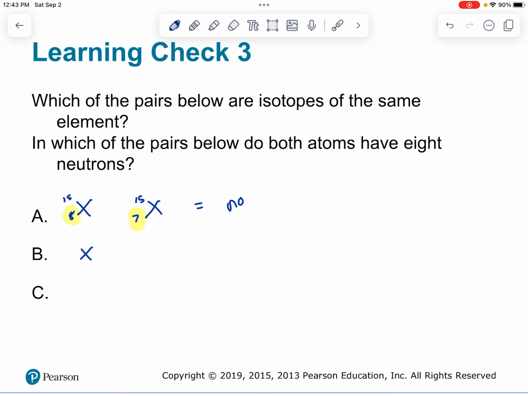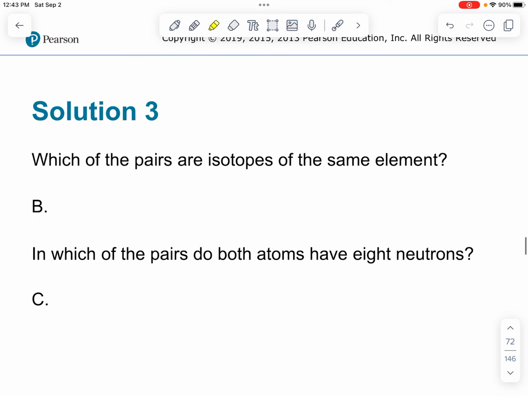X-6-12, X-6-14, X-7-15, X-8-16. So the only pair that both have the same number of protons is this one, and that's going to be carbon. And those are isotopes of carbon.